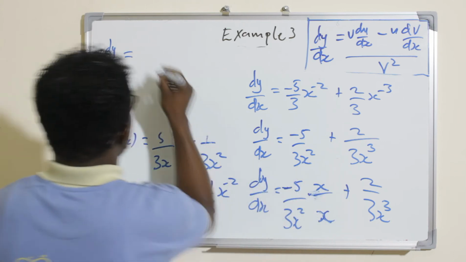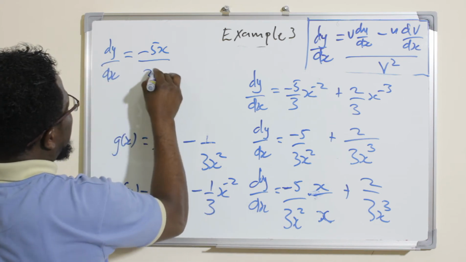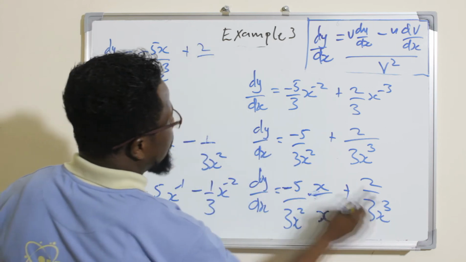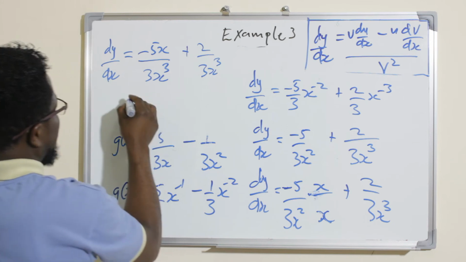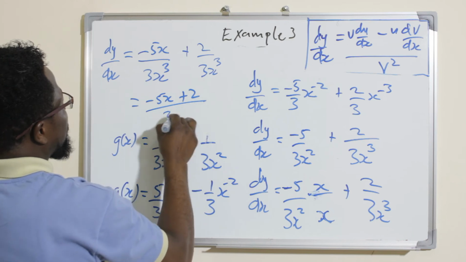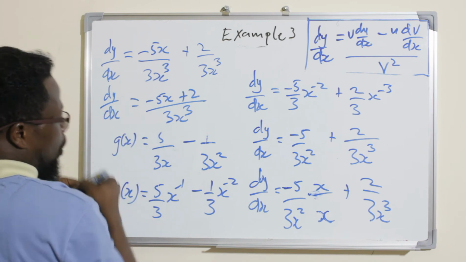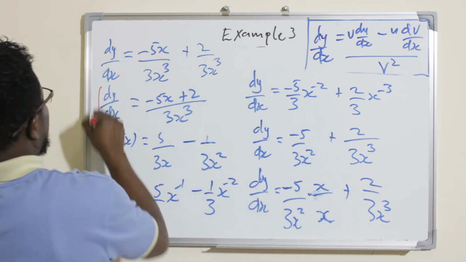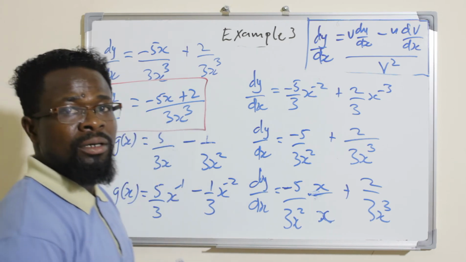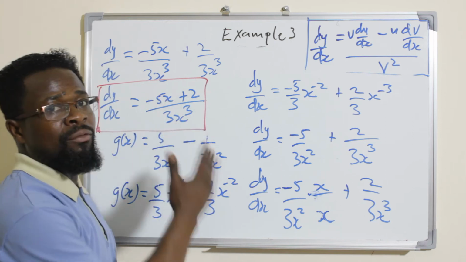So this multiplying this will give me negative 5x over 3x cubed plus 2 over 3x cubed, which is the same as saying negative 5x plus 2 all over 3x cubed, which is the exact answer we got in the first one when we made use of the quotient rule. So this becomes the answer. When we use the other method, or when we use the quotient rule, we should have the same answer.